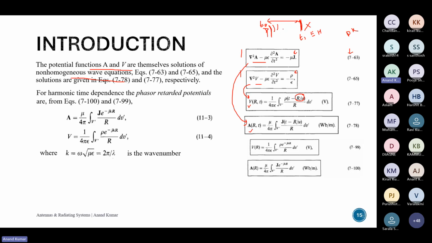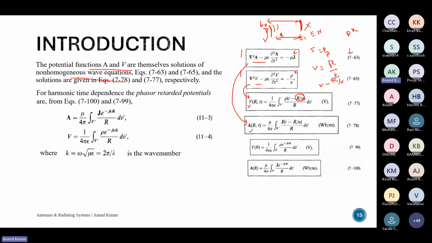This could be calculated. For example, if this is at a distance r, and the wave is propagating at velocity v, speed equals distance by time. The speed is v, the distance is r, and the time is t, so t would be equal to r by v. That's what this r by v or r by u is.